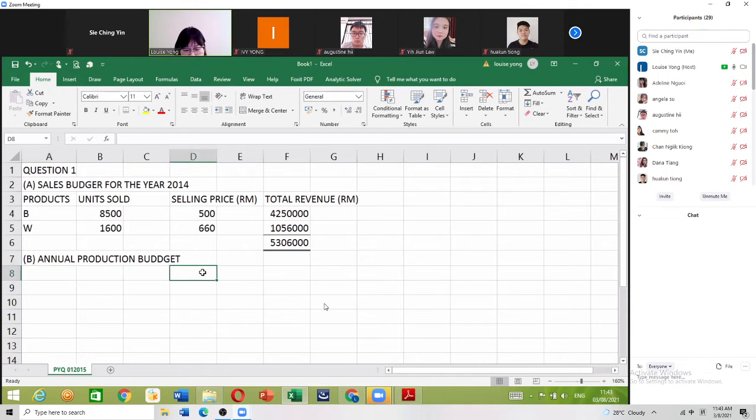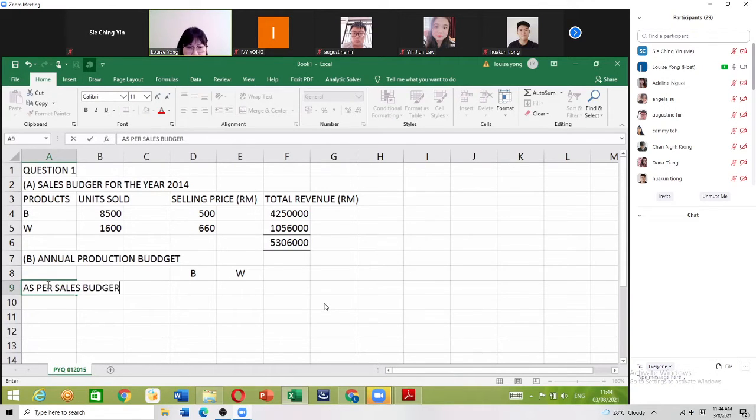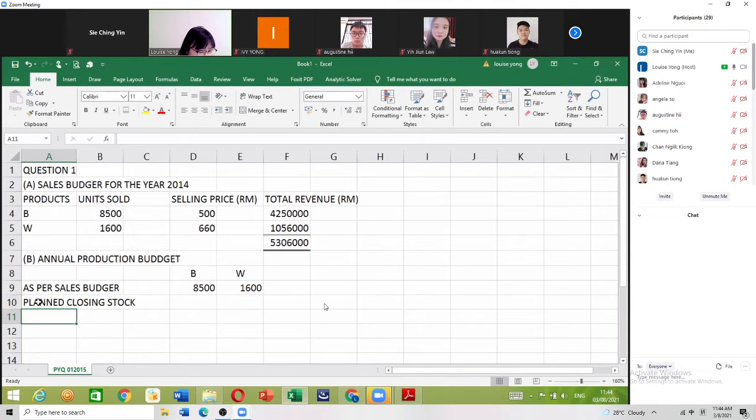You put two products, B and W. Then units to be sold, as per the sales budget: 8,500 for B, 1,600 for W. Add your planned closing stock, then less your opening stock, so you get the units to be produced.